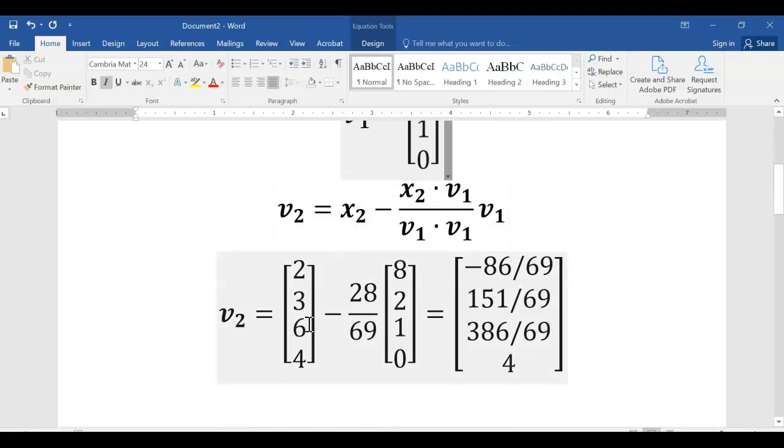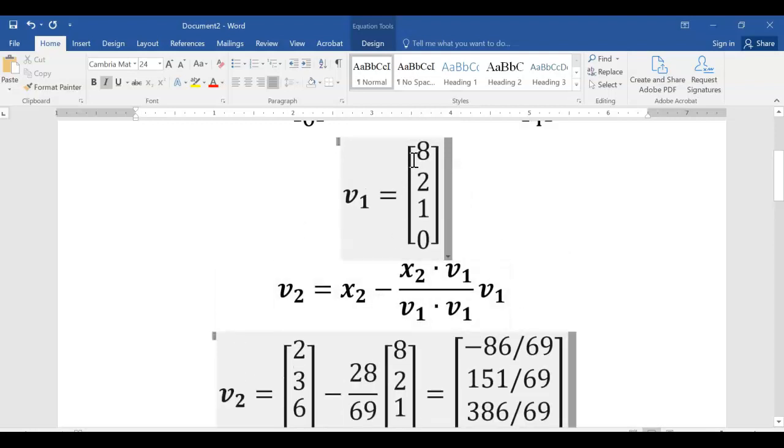x2 is 2364. When I take the inner product of x2 and v1, 2 times 8 plus 3 times 2 plus 6 times 1 plus 4 times 0, I end up with 28. And when I take the inner product of v1 with itself, that's going to be 8 times 8 plus 2 times 2 plus 1 times 1 plus 0 times 0. 64 plus 4 plus 1 gives me 69.